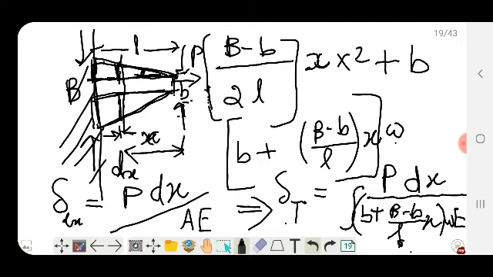So log b plus b minus b by L times x to be integrated, where x ranges from 0 to capital B minus small b by 2.